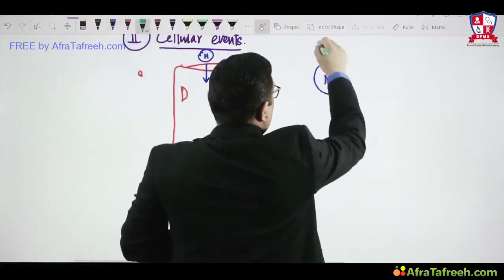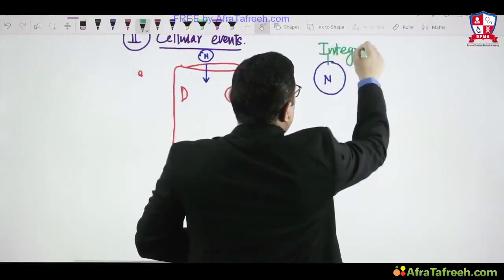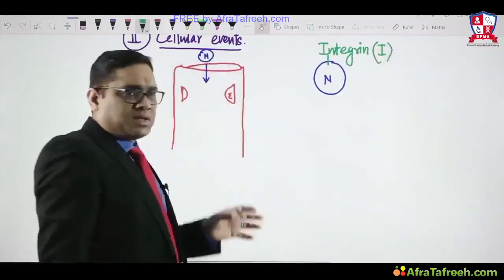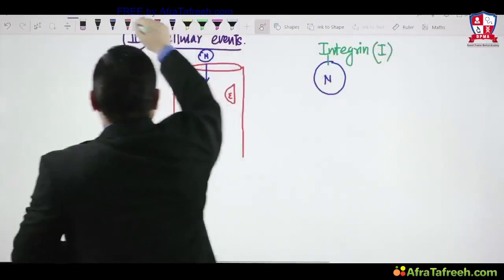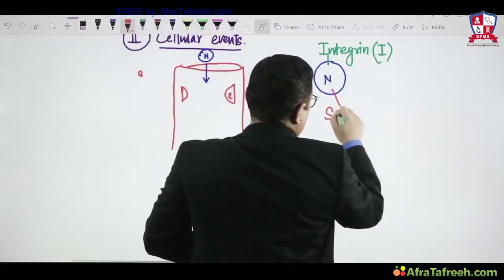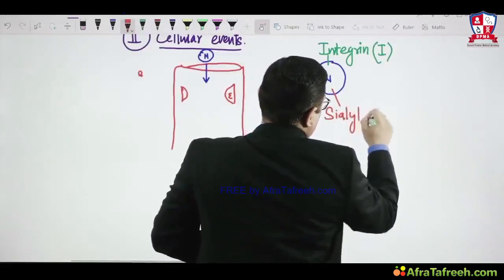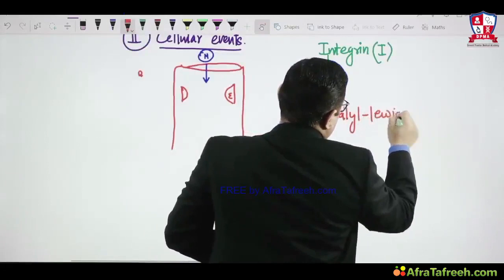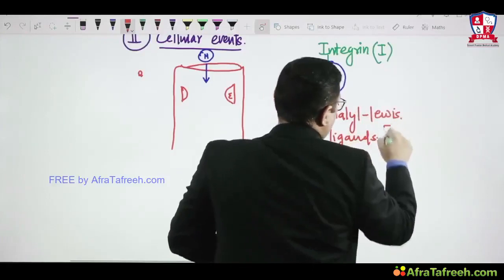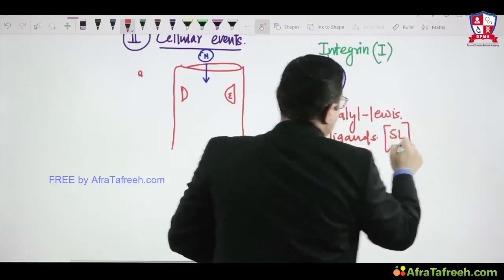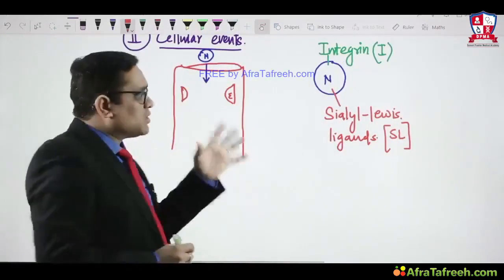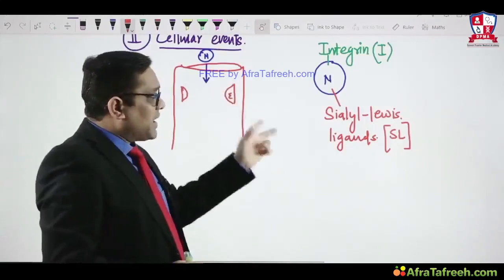One will be integrin, here onwards I will write it in short form as I. The second molecule is called sialyl Lewis ligand, so in short form I will write SL. So these are the two important adhesion molecules present over the surface of the inflammatory cell, integrin and sialyl Lewis.